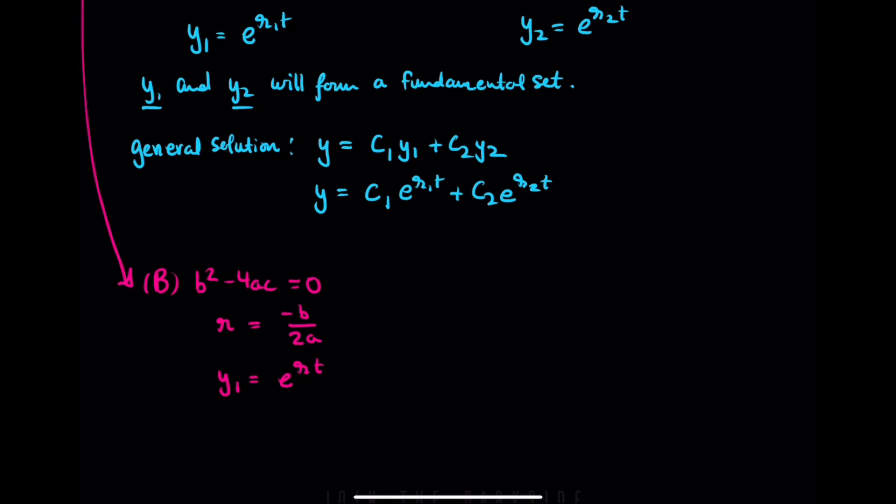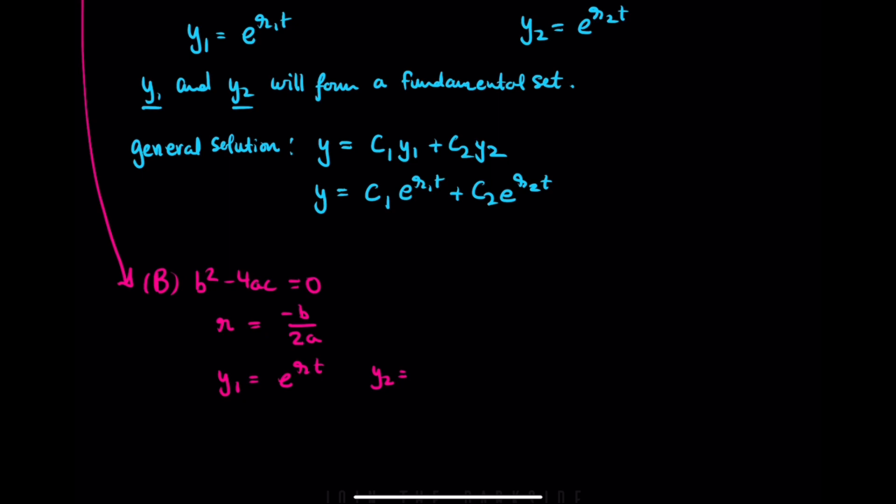So we need to find a second solution, and it cannot just be some scalar multiple. Like y2 cannot just be a e to the rt, such that a is an element of the reals. This will not work, because if you plug this into the Wronskian, you will get a 0, and that won't form a fundamental set of solutions, and that's not what you want.